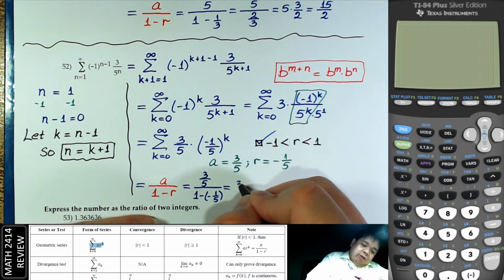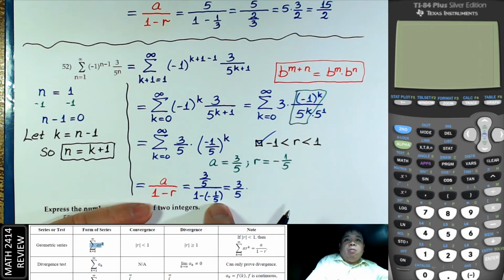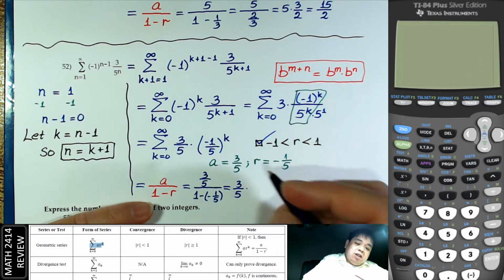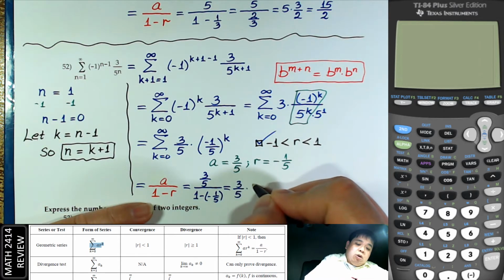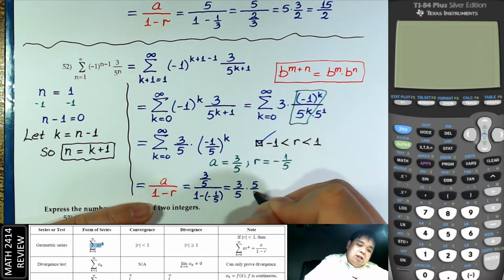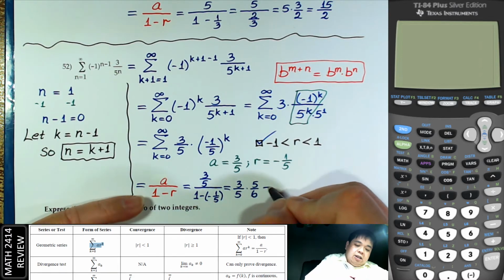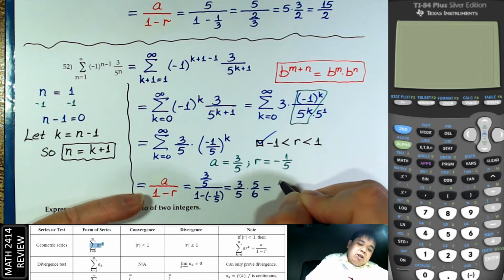So 3 over 5. Right, 1 minus a negative turns into a plus. So 1 plus 1/5 is 6 over 5. Multiply by the reciprocal, 5 over 6. And that is 5 and 5 cancel, 3 over 6 is 1/2.